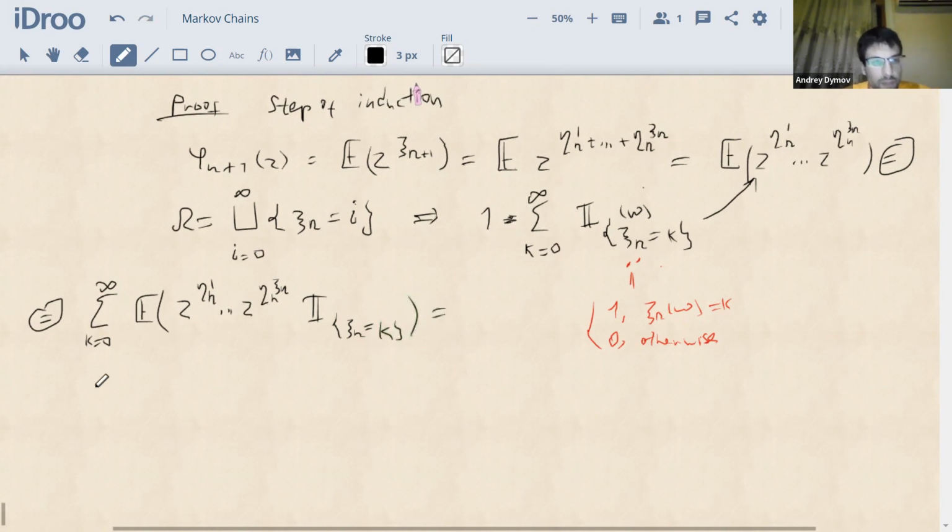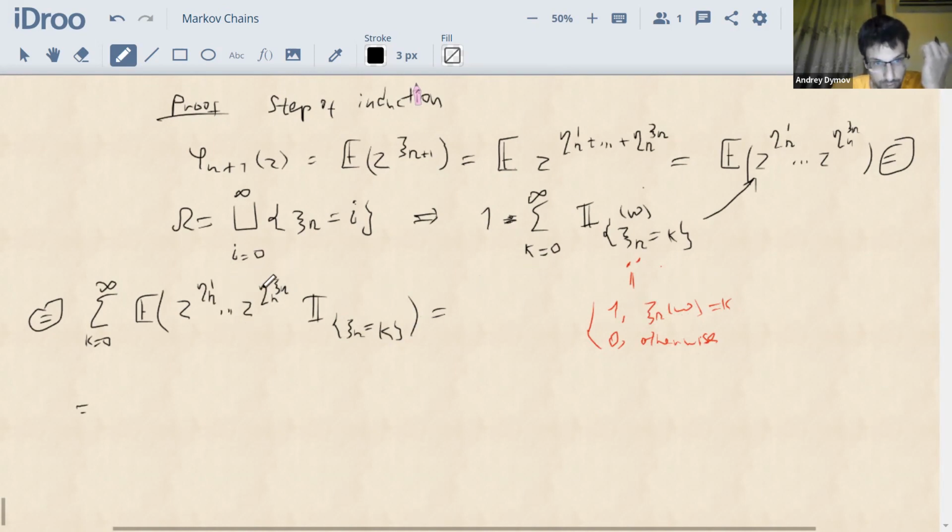Then look, for those omega for which psi n is different from k, this indicator equals 0. So this term can be non-zero only for those omega for which we have psi n equals k. Then it means that psi n for non-zero terms always equals k.